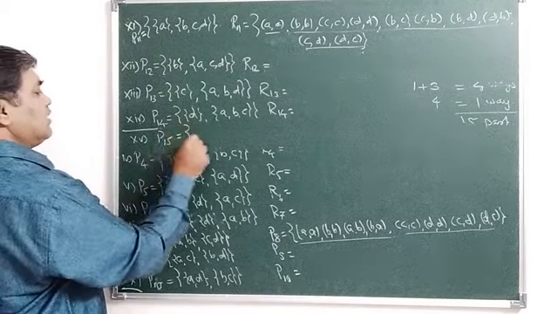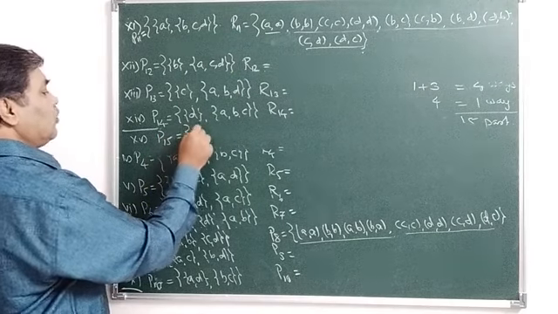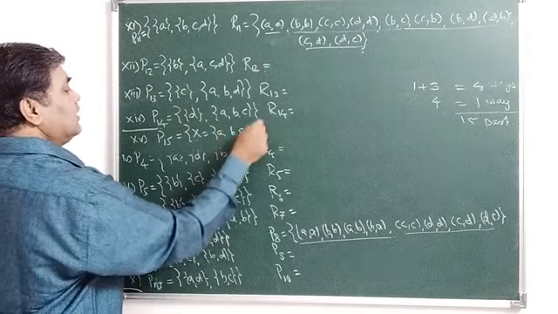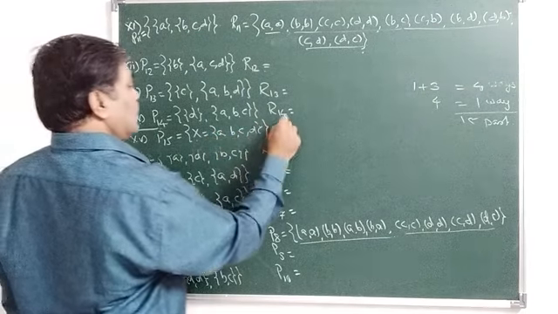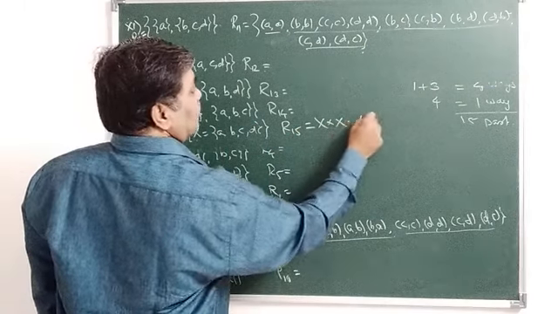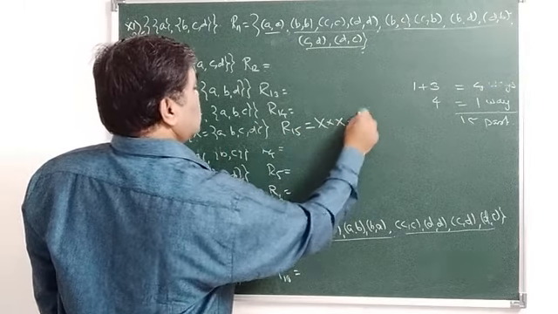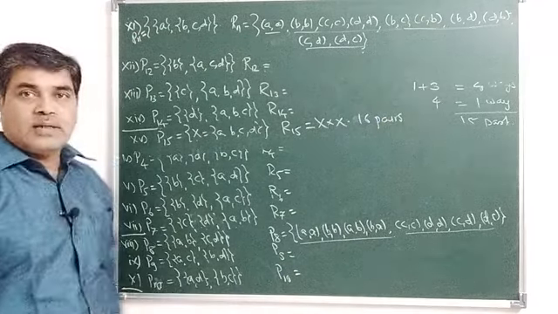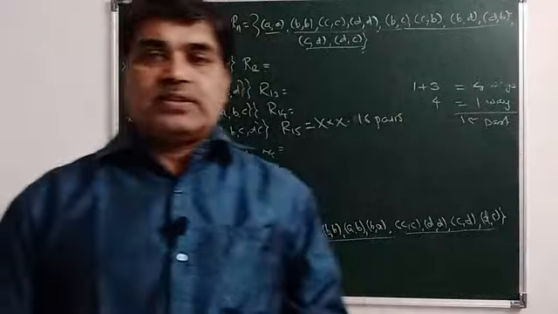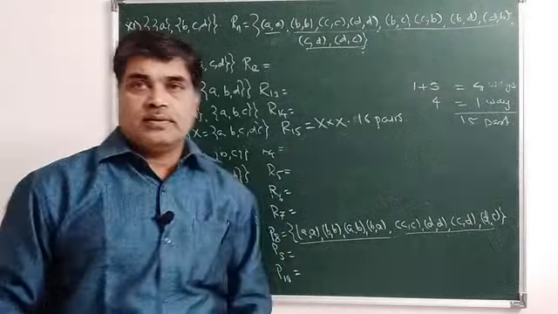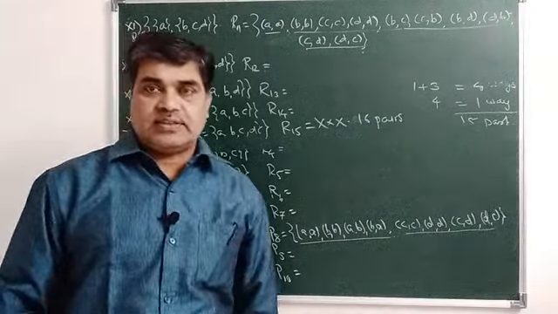This is nothing but your whole set X, the 4 element set A, B, C, D. R15 is equal to X cross X containing 16 pairs. So thus, this is the largest equivalence relation defined on a 4 element set.